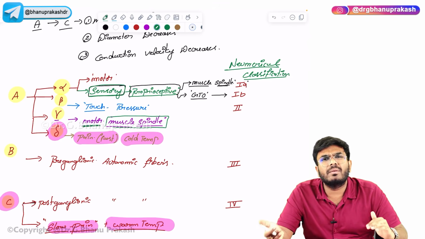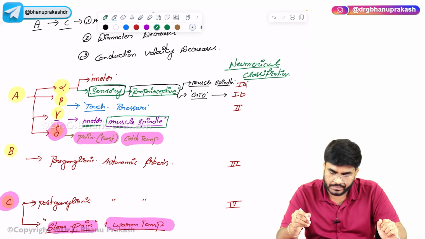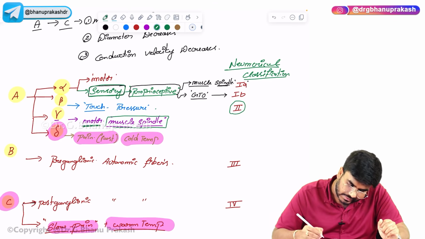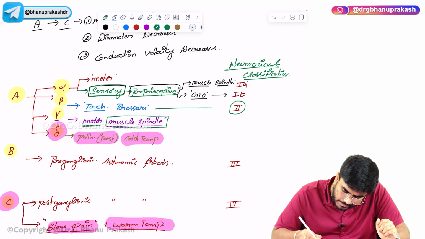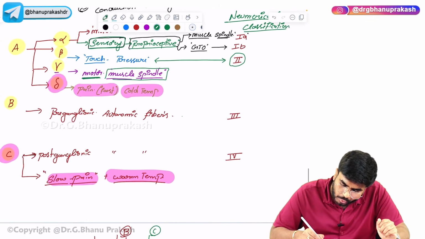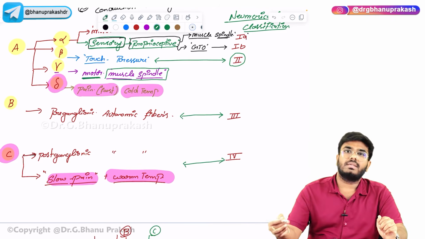Group 1A and 1B are nothing but A alpha according to the Erlanger-Gasser classification. Group 2 is nothing but A beta. Group 3 is nothing but B fibers. Group 4 is nothing but C fibers.